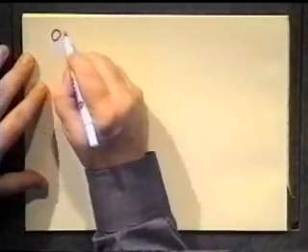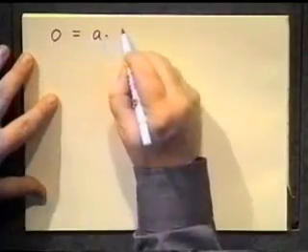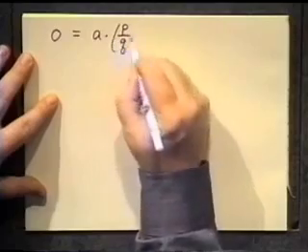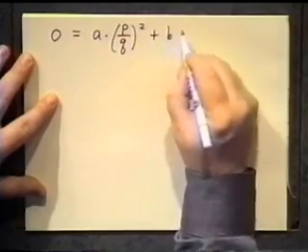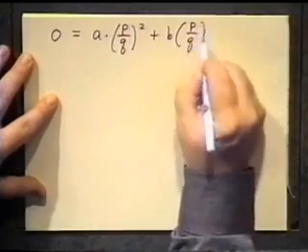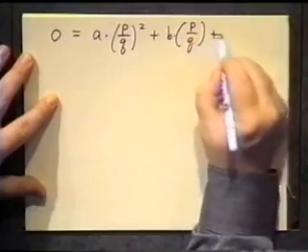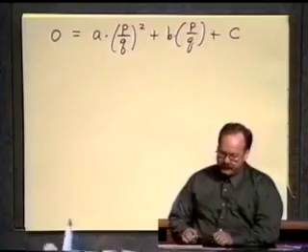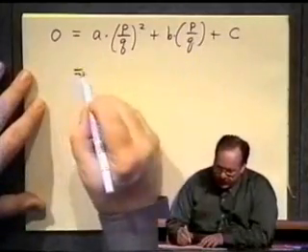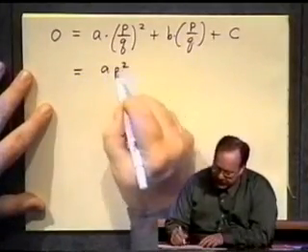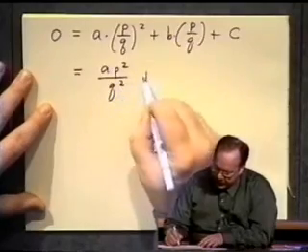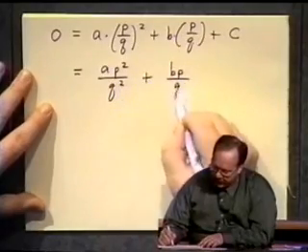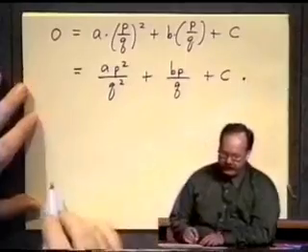So 0 is equal to a times p over q squared, plus b times p over q plus c. That's what being a zero means. Let me multiply this out. What I have then is a p squared over q squared plus bp over q plus c.